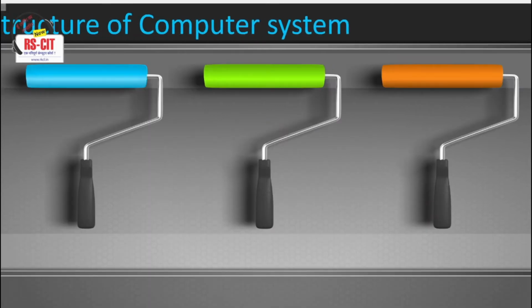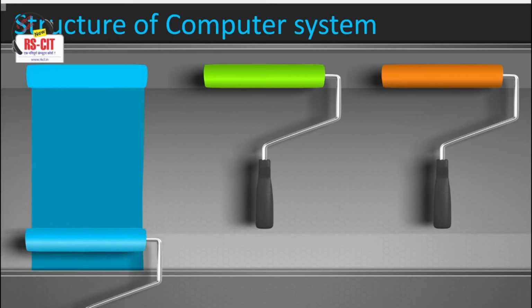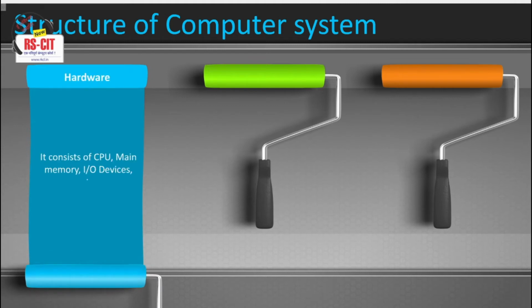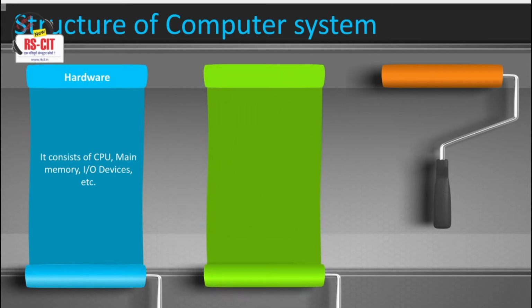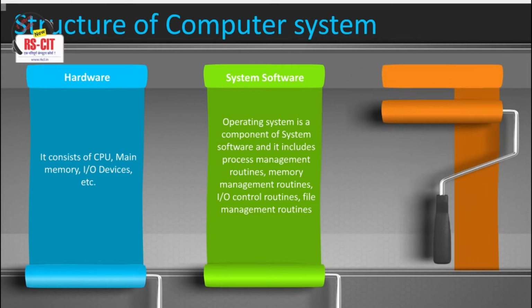Structure of computer system. Let's discuss the basic structure of computer system, which consists of three layers. Hardware: it consists of CPU, main memory, input-output devices, etc. System software: operating system is a component of system software and it includes process management routines, memory management routines, input-output control routines, file management routines.